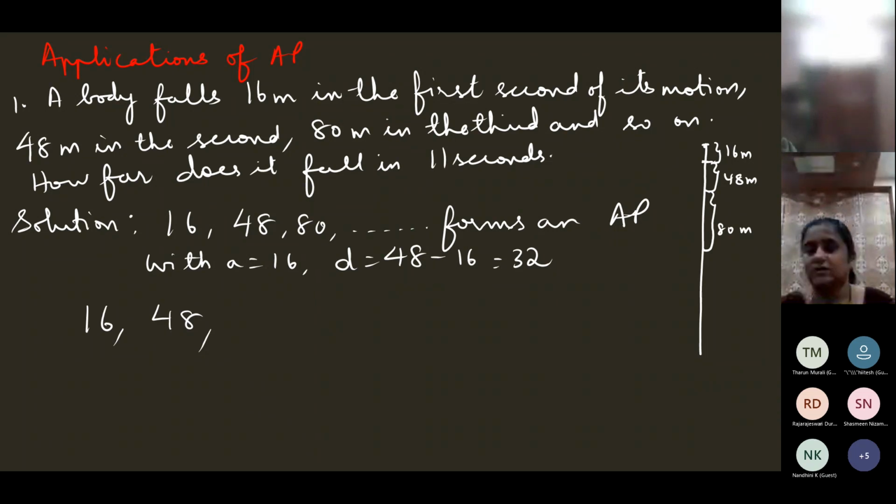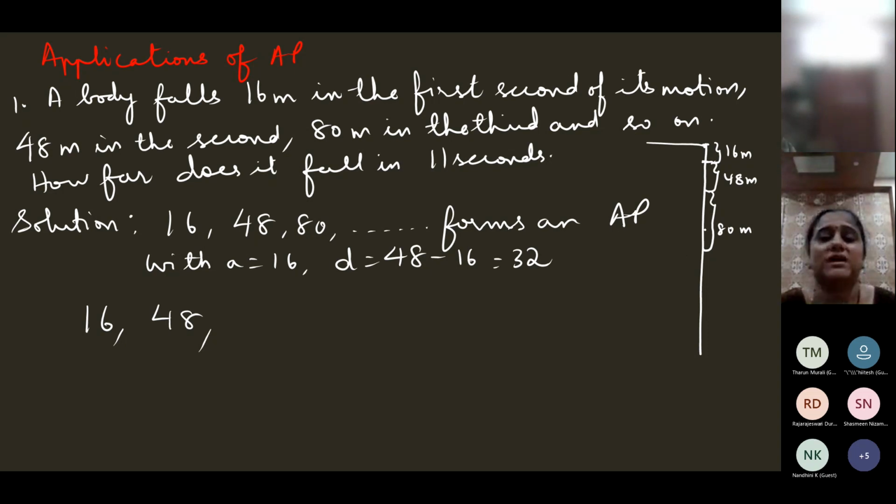See, you're standing. This is your terrace, okay? You're throwing an object down, so it's traveling towards the surface of the Earth. First second, it comes down by 16 meters. Second second, it comes down by 48 meters. Third second, by 80 meters.